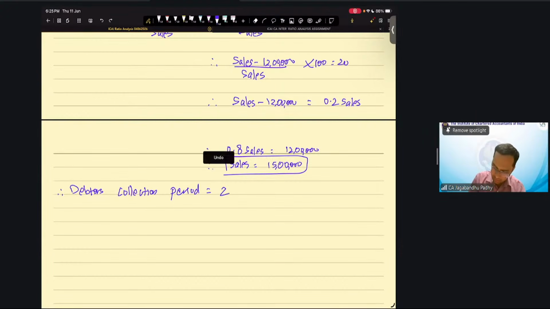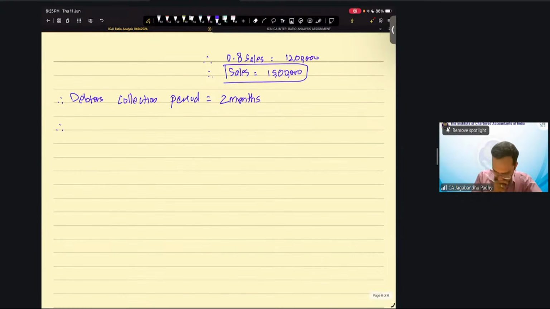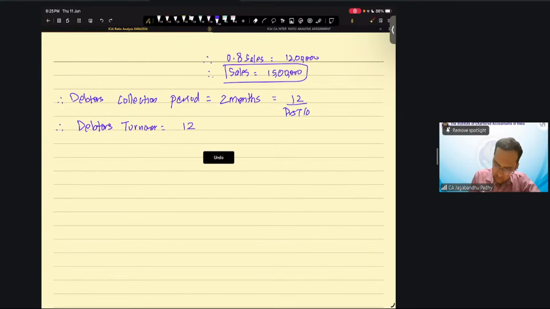From this, we can get the debtors turnover, because we generally calculate the debtors collection period as 12 divided by debtors turnover. So debtors turnover is 12 divided by the debtors collection period, which is simply 12 divided by 2, which is 6 times.